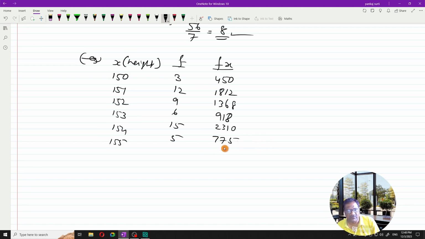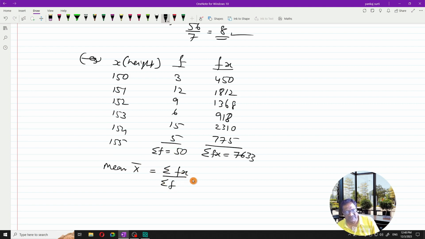Now you have to find the summation of this column and the summation of this column. This is known as summation of f, this is known as summation of fx. If you do the addition of all this, you will get 7633, and if you do the addition of this you should get 50. So the arithmetic mean, denoted by x bar, is equal to summation of fx divided by summation of f.